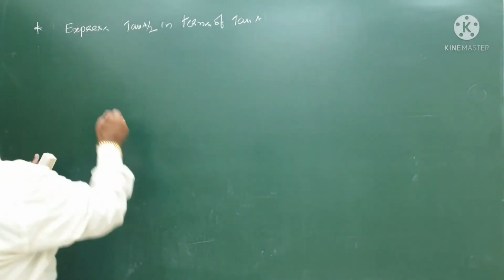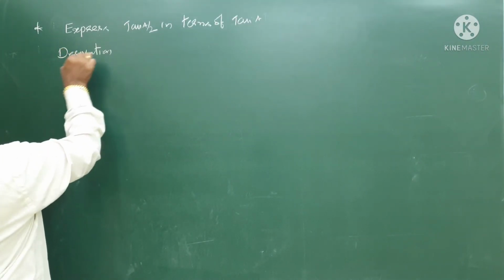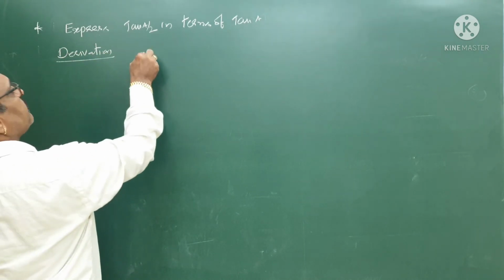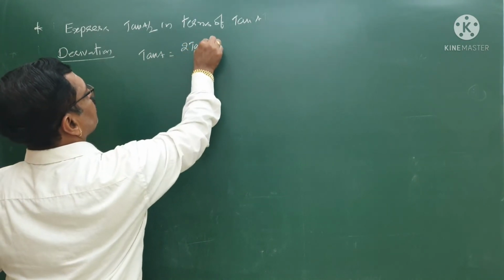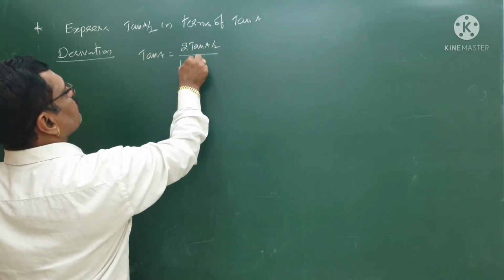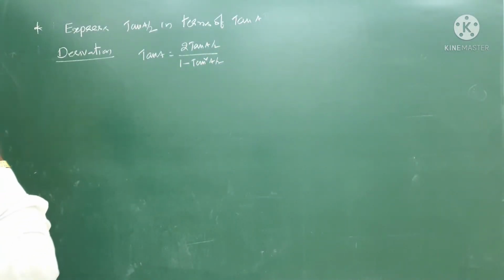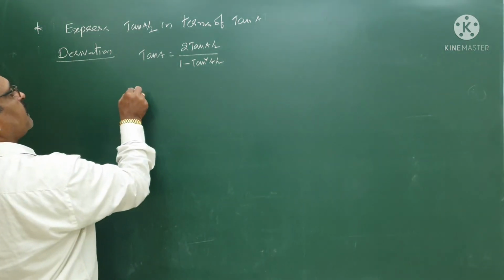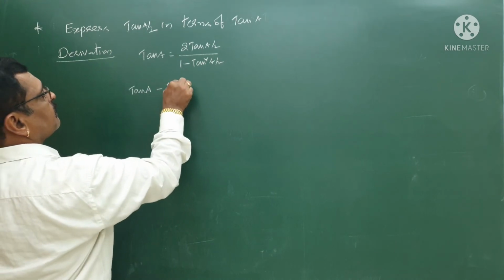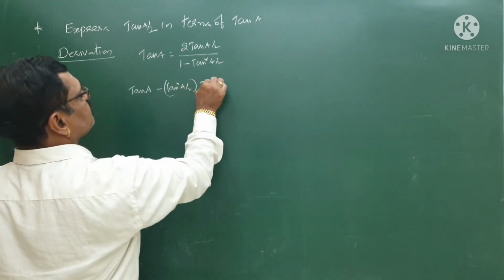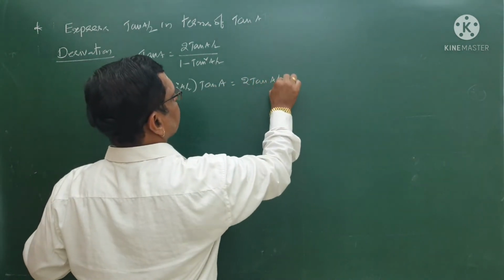Okay, now derivation. Now we know tan A is equal to 2 tan A by 2 by 1 minus tan square A by 2. So what I do, 1 minus tan square A by 2 times tan A is equal to 2 tan A by 2, that is tan A minus tan square A by 2 times tan A is equal to 2 tan A by 2.